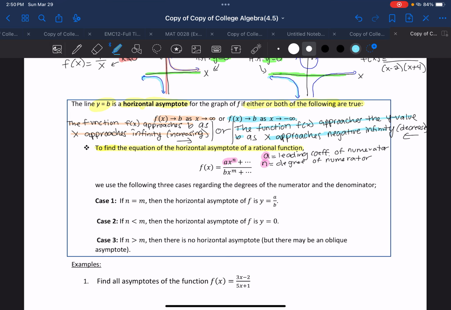Now the denominator says b times x to the m power. Same thing, this is the leading term of the denominator. So b is the leading coefficient of the denominator, and m is the degree of the denominator, the highest exponent of the denominator.